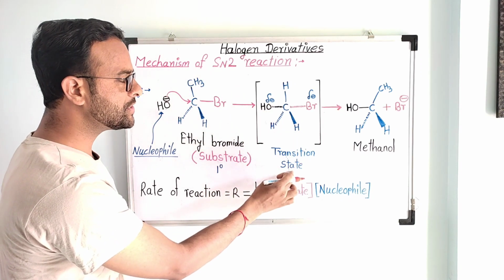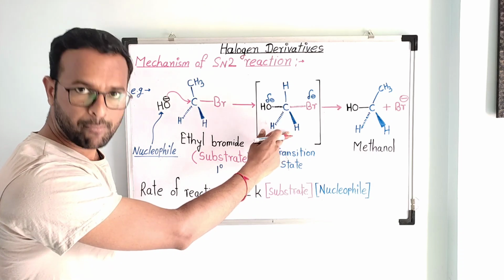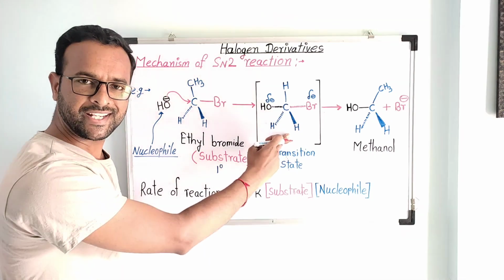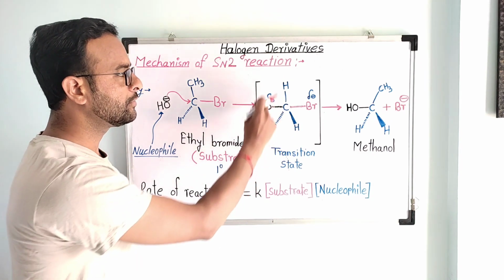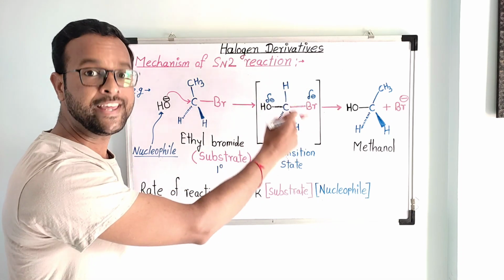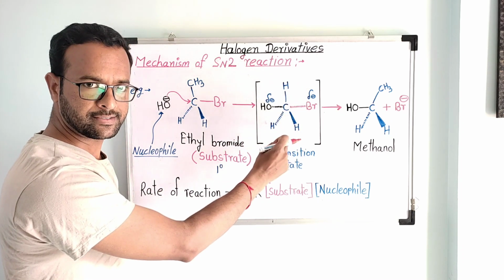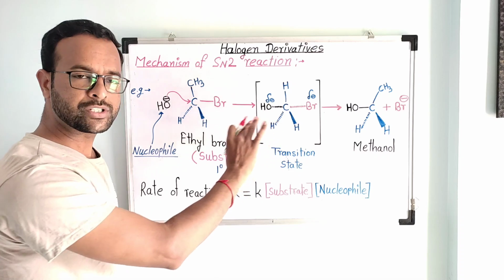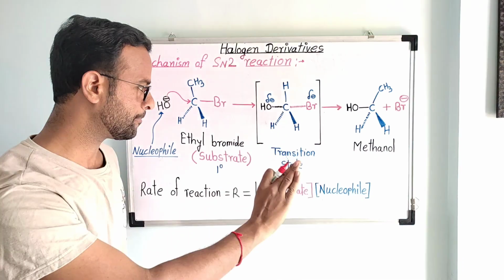Now this transition state is more stable. Why is this transition state more stable? Because crowding is less, so steric hindrance is not there.